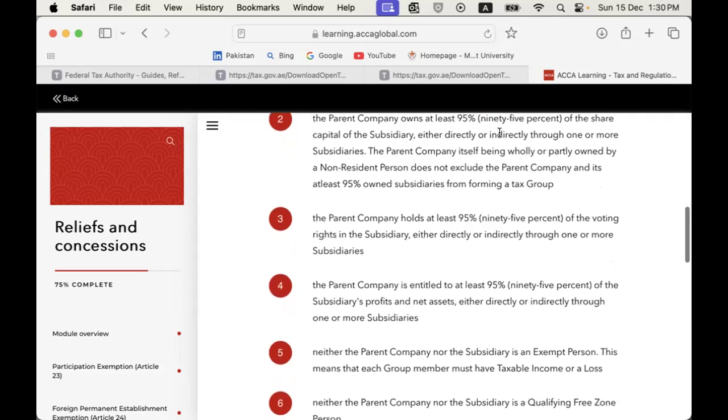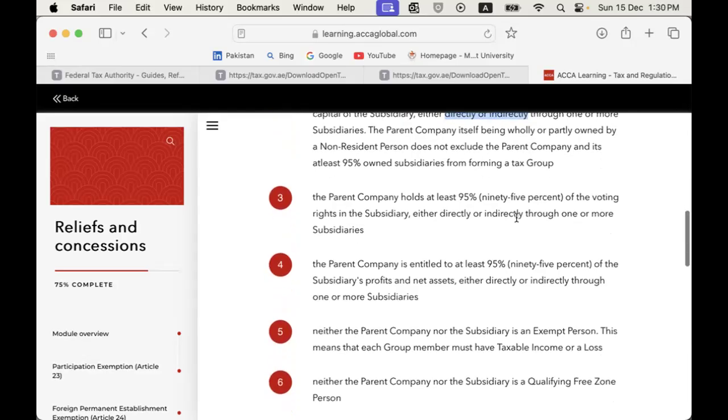What does that mean, direct, indirect? Cumulatively, directly and indirectly, it should be 95%. Yeah, or holding of the holding, sub-holding. Sub-holding, exactly. Both things are possible. But the point is that aggregate 95% holding should be there, and there should be a parent company.